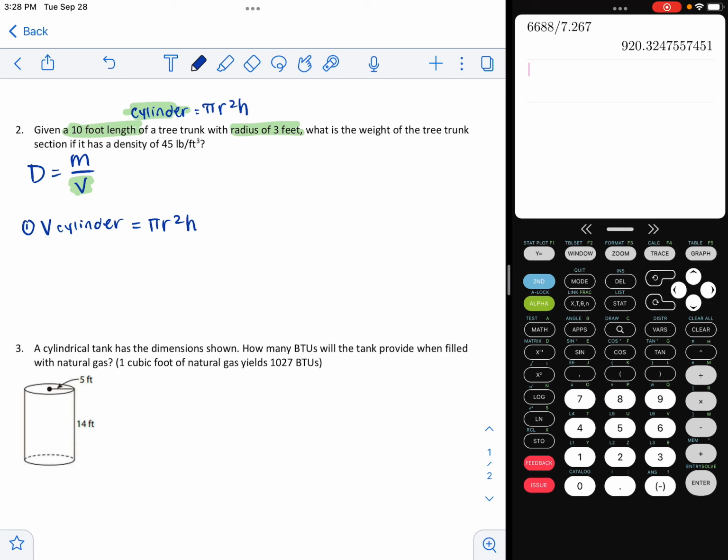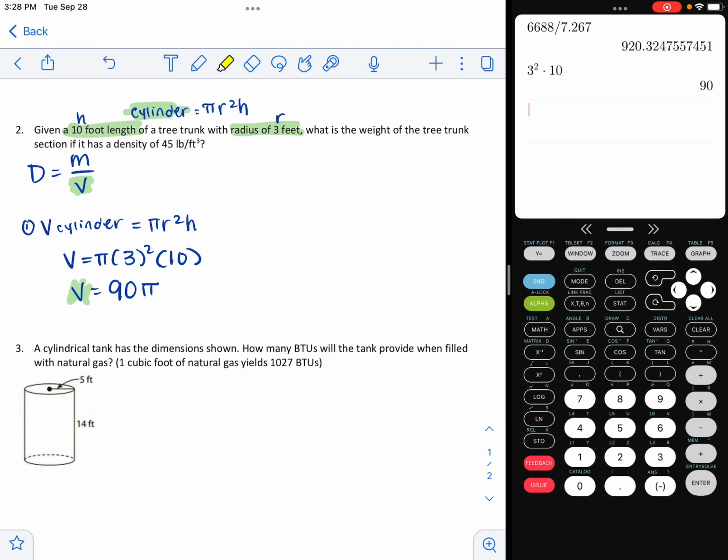We know that the 10 feet is our h, and r is the 3 feet, the radius. So I'm going to plug this in. Volume equals pi times 3 squared times h, which is 10. And remember, in our calculators, we plug in just the numbers, so 3 squared times 10. And then I just carry that pi down, so we get 90 pi. So that's our volume.